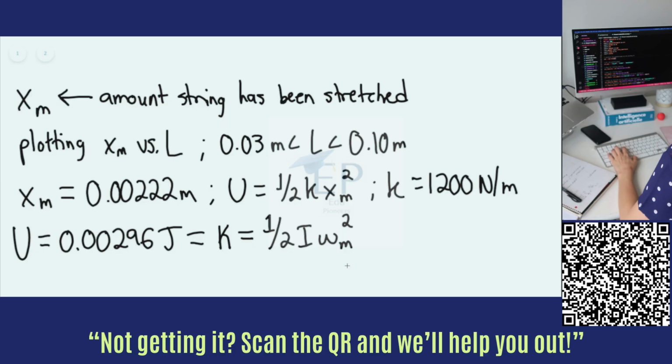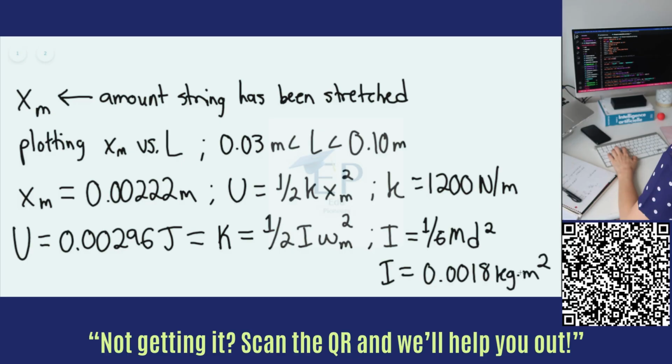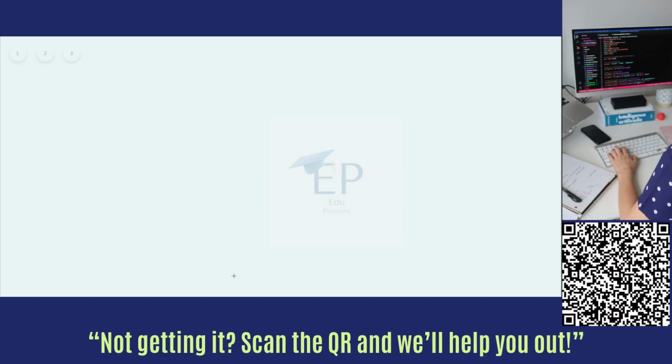We can then say that the rotational inertia of the block, I, would be equal to 1/6 times the mass times d squared, and I is then going to be equal to 0.0018 kilograms meters squared.